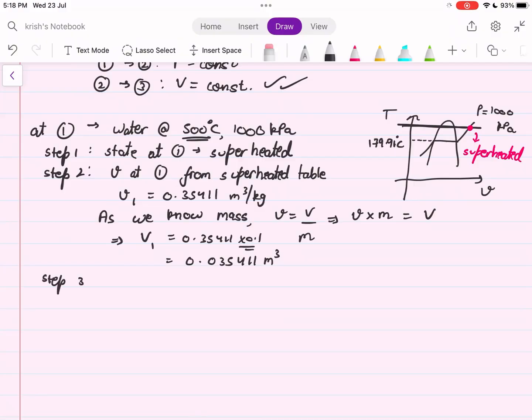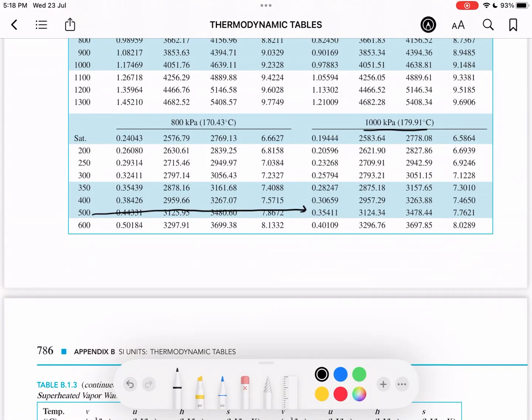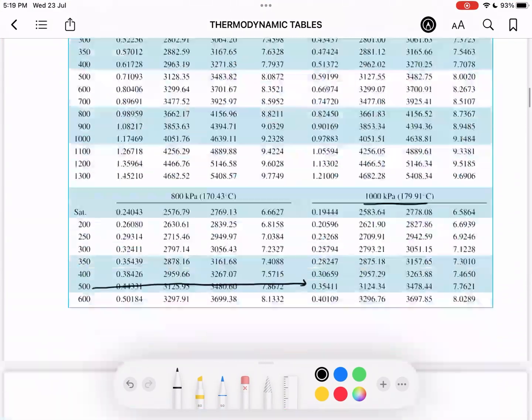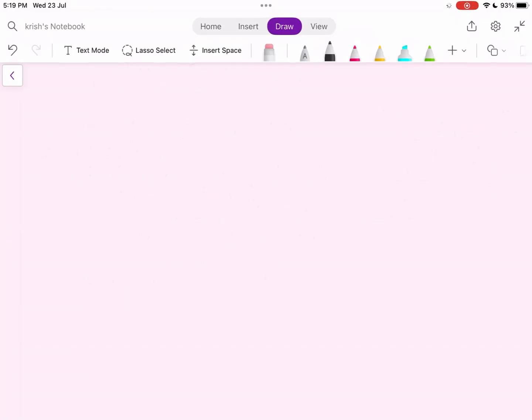Then U at 1 from same table. So the value of U is given in the second column. It is this, 3124.34 kilojoule per kilogram.